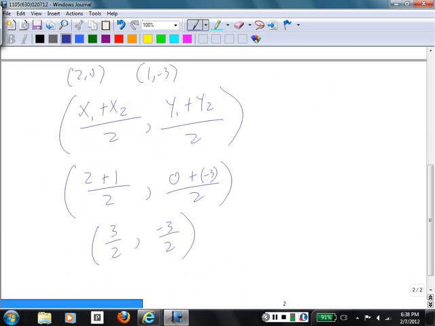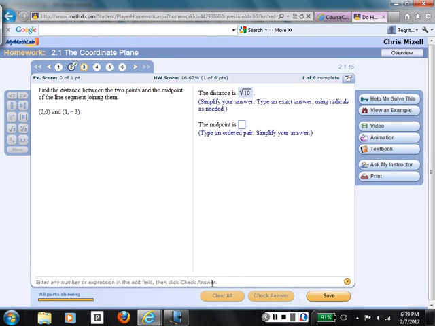Sometimes when it says it'll only accept fractions, it may accept decimals, but to be safe, we should probably give it fractions. Let's see what it did say. Type an ordered pair, simplify your answer. Should we throw caution to the wind and use decimals? Maybe not. It was repeating, so positive 3 halves, negative.